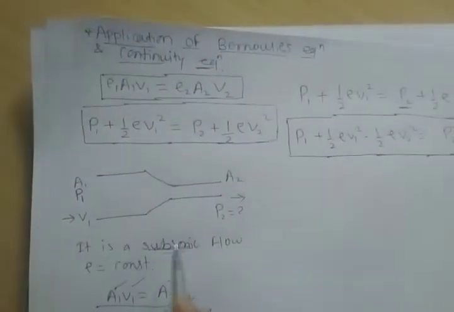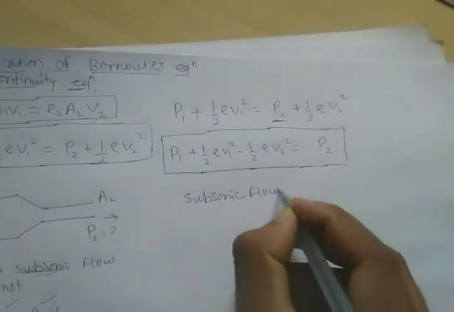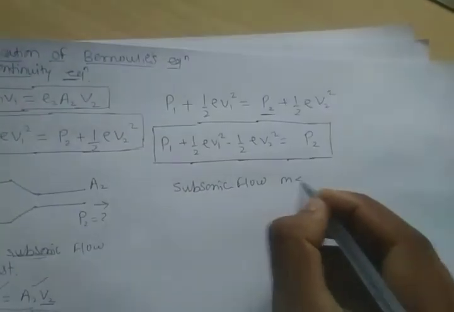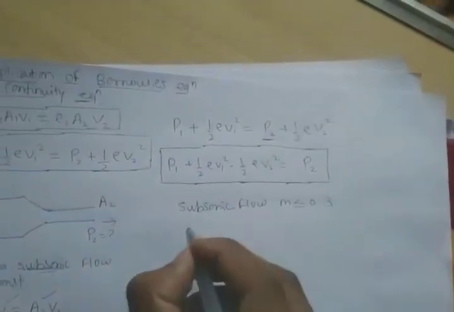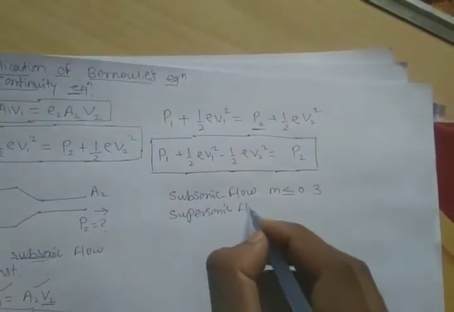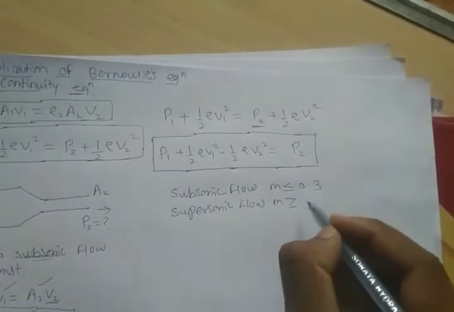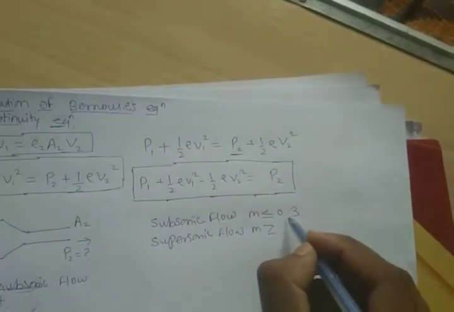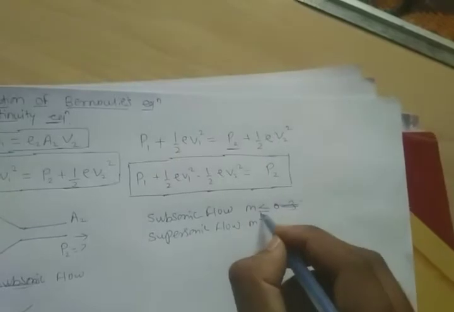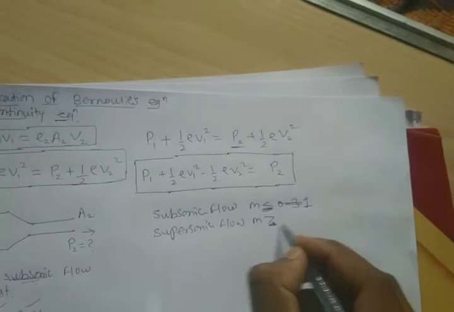For subsonic flow, Mach number will be less than 1, and for supersonic flow Mach will be greater than 1.